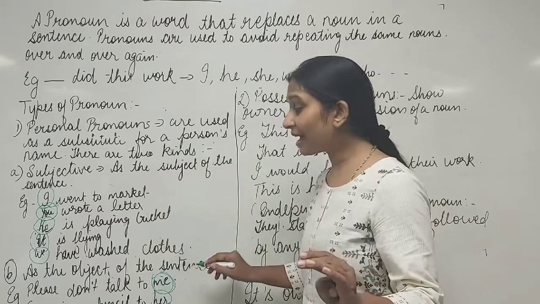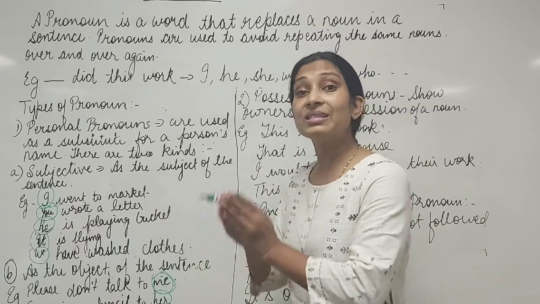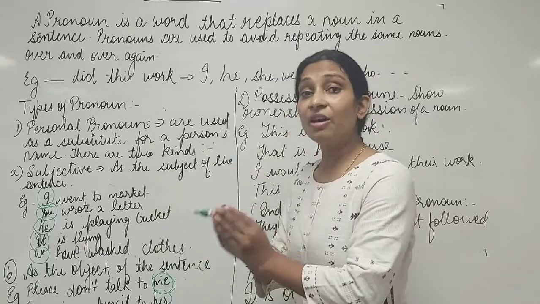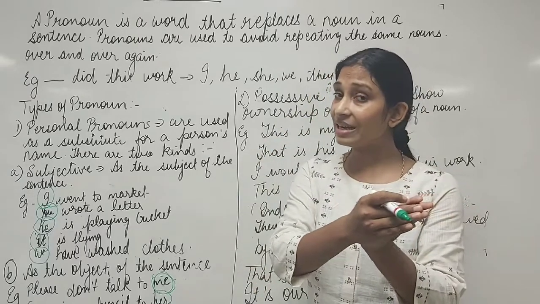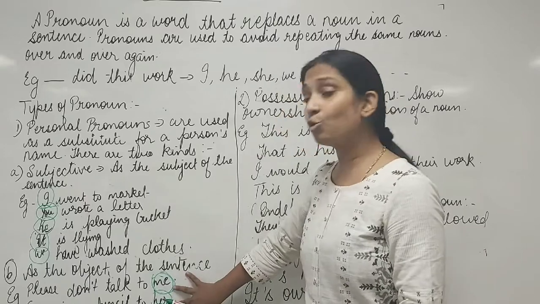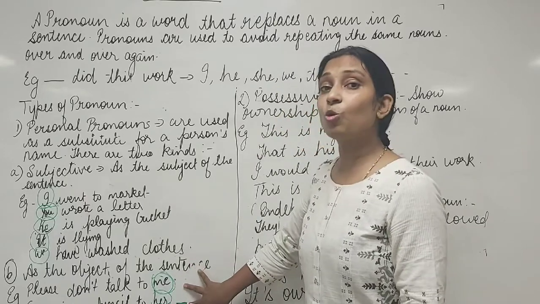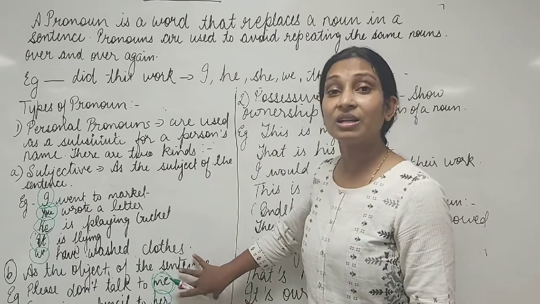So, are you understanding what are personal pronouns? Personal pronouns replace the person's name, and when we use it at the beginning of the sentence as a subject, it is known as a subjective personal pronoun, and when we use it at the end of the sentence as an object of the sentence, it is known as a personal objective pronoun.